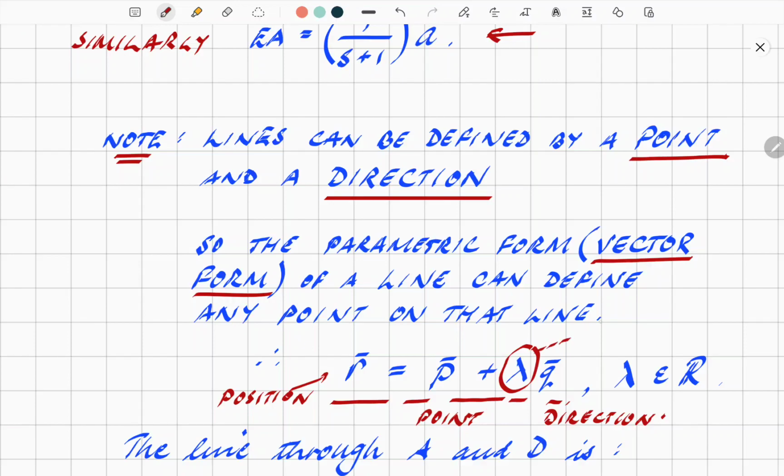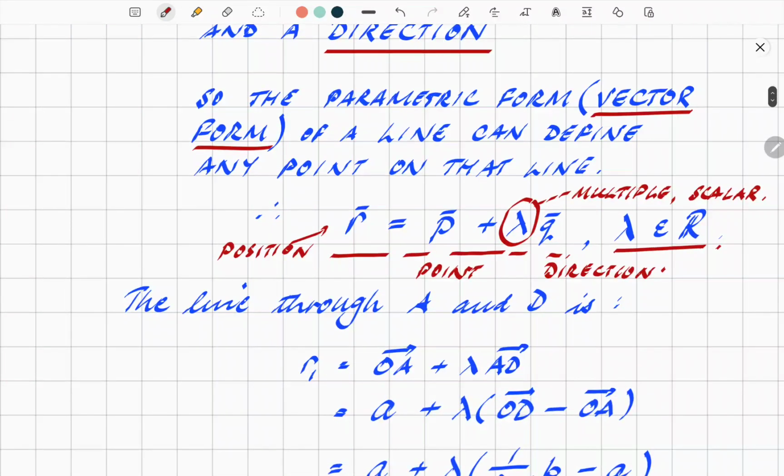That's just some multiple, and it's scalar. I'd better write that in as well. There we go. And lambda is obviously a real value.